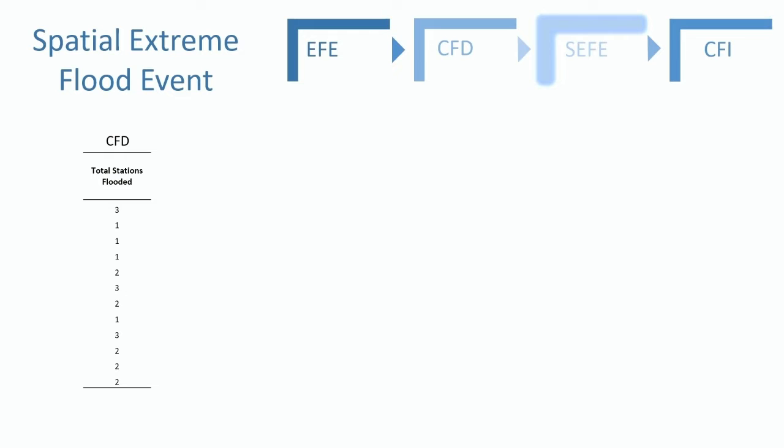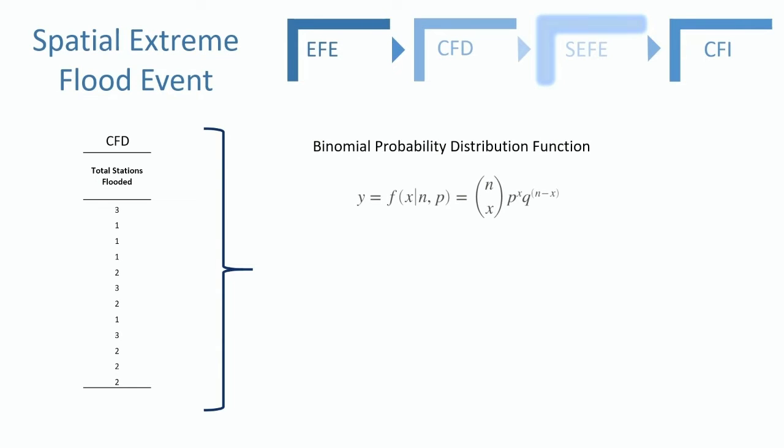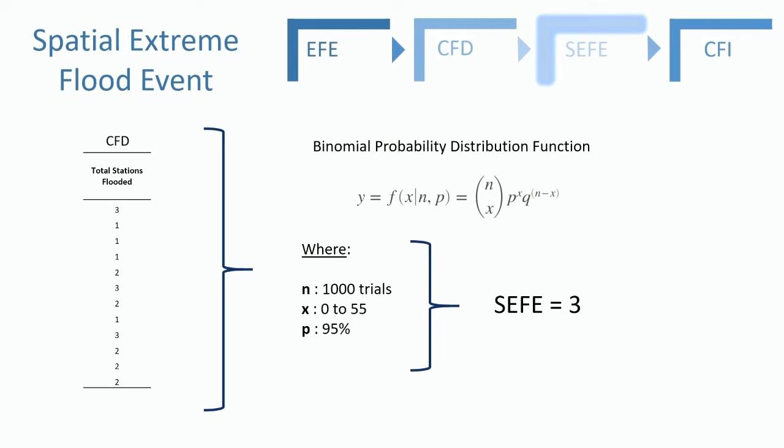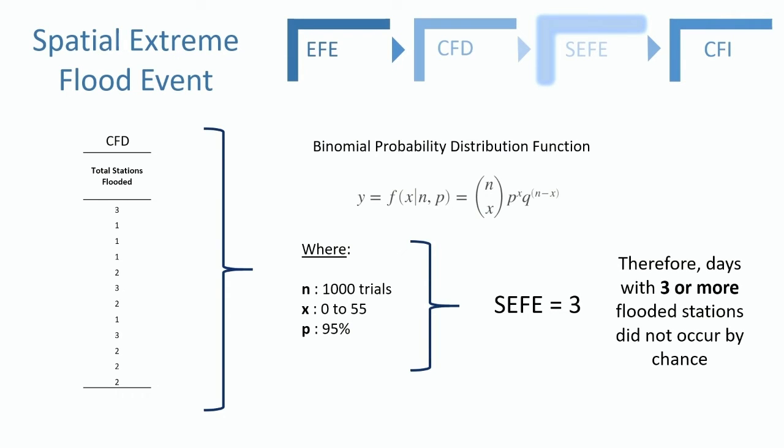Now that we have our time series of these simultaneous flood counts, these compound flood days, we determined which days were statistically significant or not occurring by chance by applying binomial PDF. So we ran about 1,000 trials, anything from 0 to 55 stations flooding, and we use a 95% test level. For HUC2, we found that this threshold is 3.